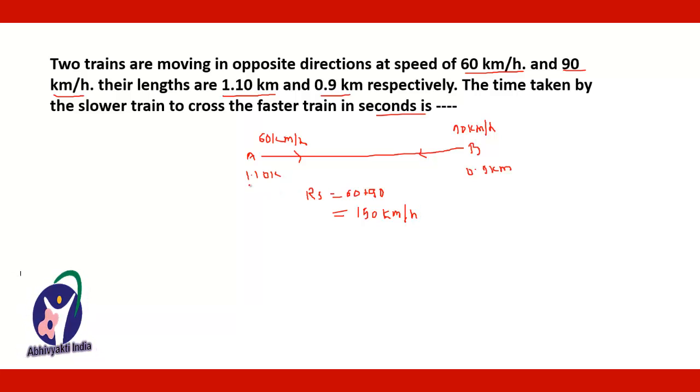Now the both trains have different lengths, 1.10 and 0.9 kilometer, and since both are traveling in the opposite direction, the distance they have to travel is equal to the sum of the lengths of both the trains, and therefore the total distance the train has to cover to pass the other is equal to 1.10 plus 0.9 kilometer, which is equal to 2 kilometer.